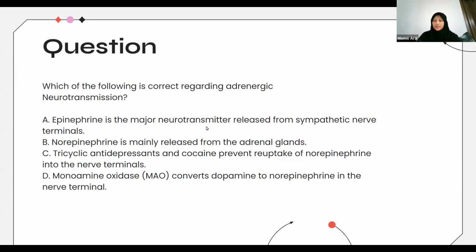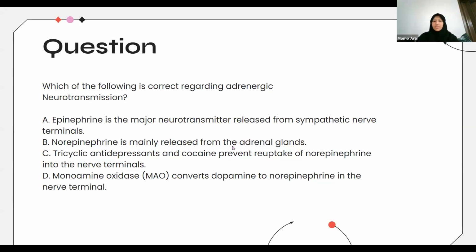Epinephrine is the major neurotransmitter released from sympathetic terminals. Usually norepinephrine is most of the neurotransmitter from the sympathetic system, even though adrenergic is sympathetic, right? Norepinephrine is mainly released from adrenal glands, not only from adrenal glands, right?